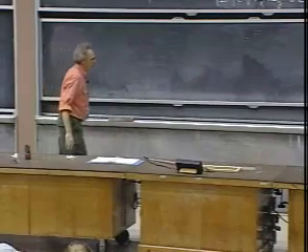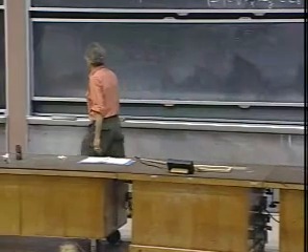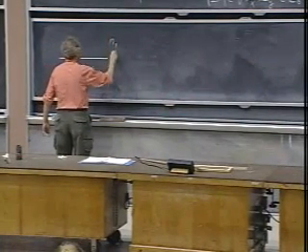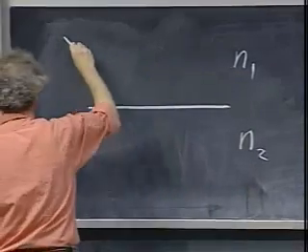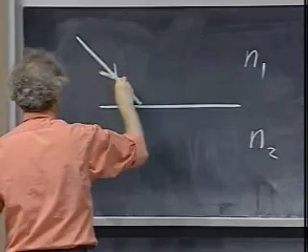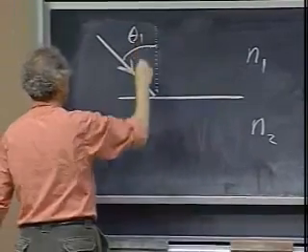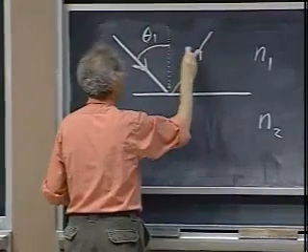And what Snell's law tells us is that if we have light going from a medium 1 with index of refraction n1, going to medium 2 with index of refraction n2, and this angle of incidence is theta 1, and this is the normal to the surface, and we get some reflection.